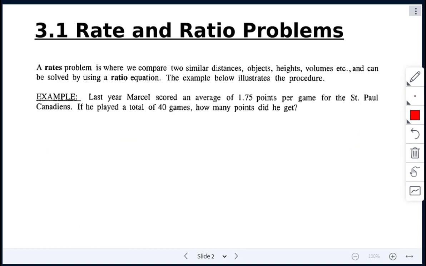Another way you could have set up your ratio is if you did this: 1.75 points per game, so for one game, and it's equal to X amount of points for 40 games. This is just another way you can set it up.